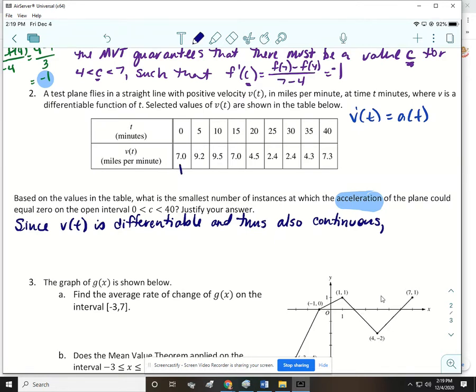And so we have a situation here where both of those velocities are the same. So the plane's not accelerating in that interval, starts and stops at 7 miles per minute. And then I do also notice right here, the plane is not accelerating between the 25th minute and the 30th minute, starts and stops at the same rate, and that looks like it.